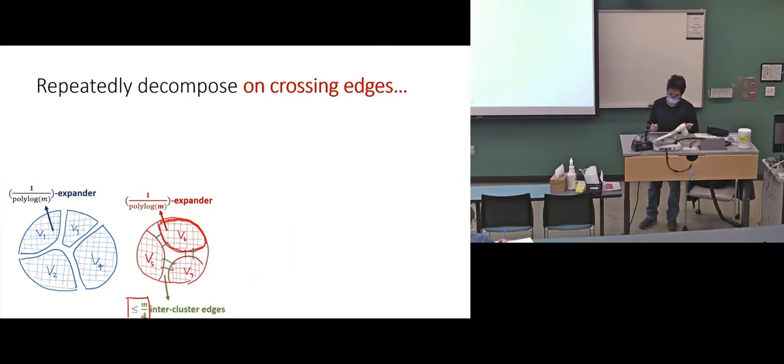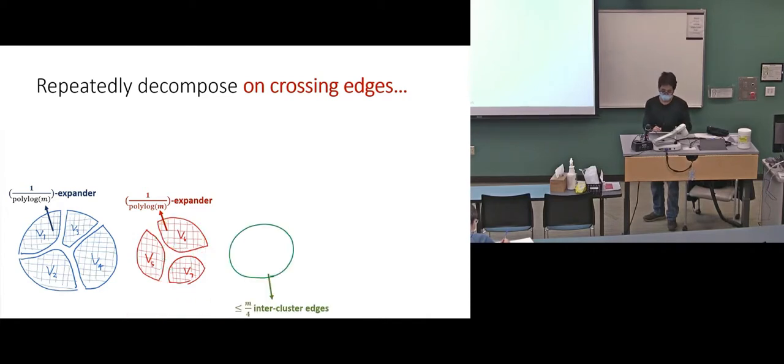And then you get an idea. You can just keep applying this, right? You get a green graph induced by intercluster edges of the red graph.